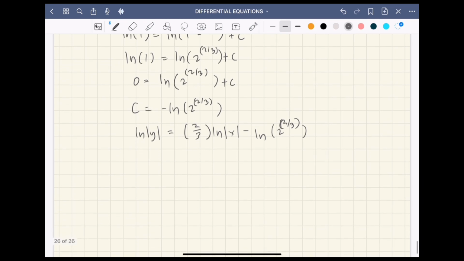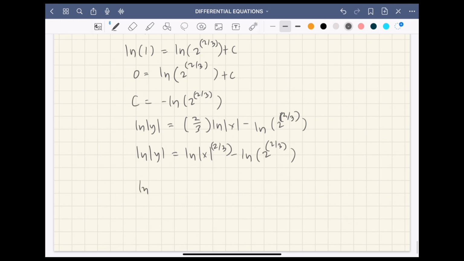Simplify: ln of y equals ln of x raised to 2/3 minus ln of 2 raised to 2/3. Simplifying that, ln of y equals ln of x over 2 raised to 2/3.